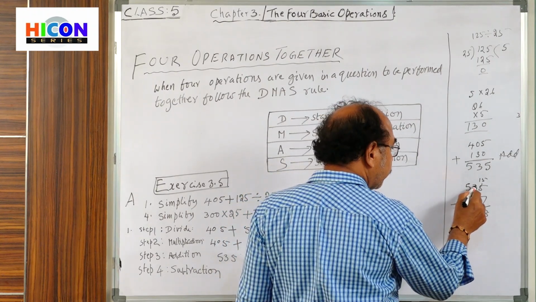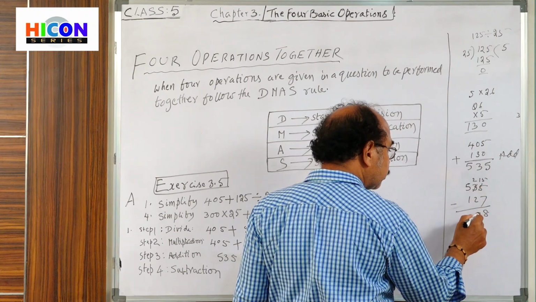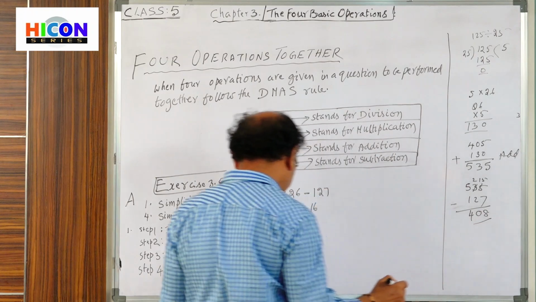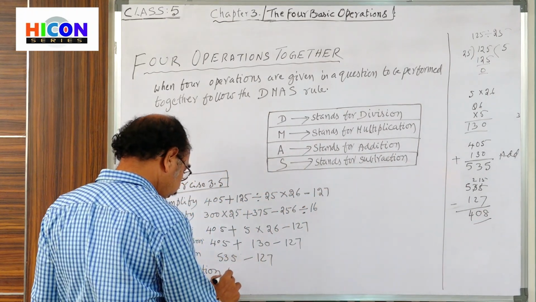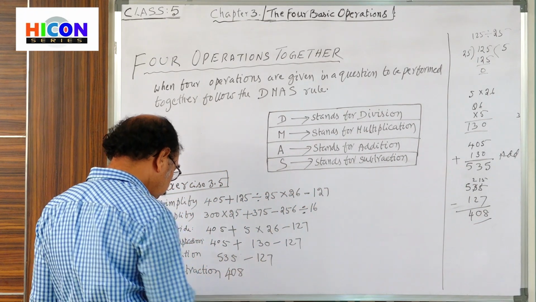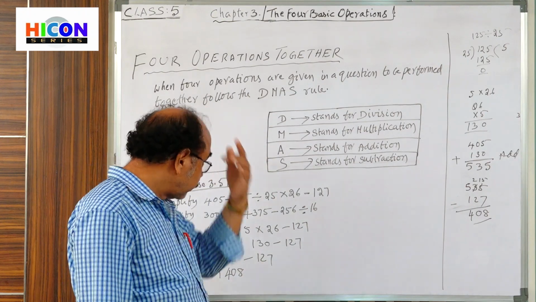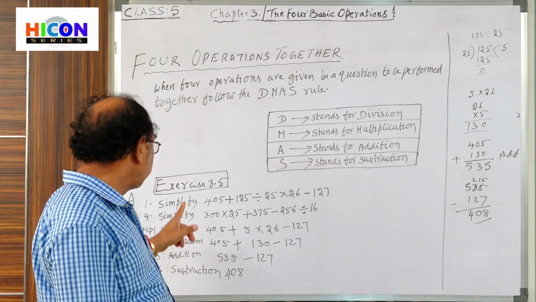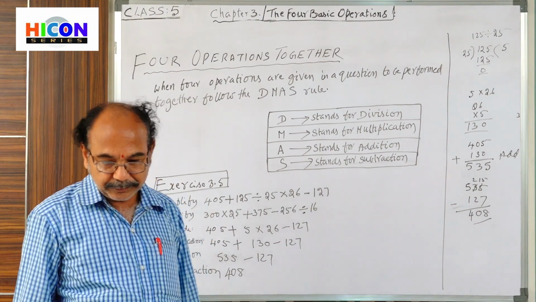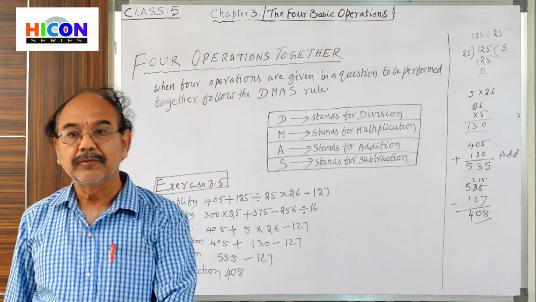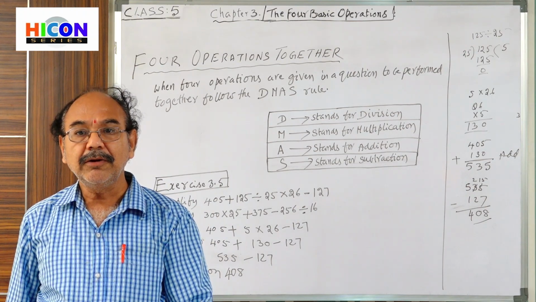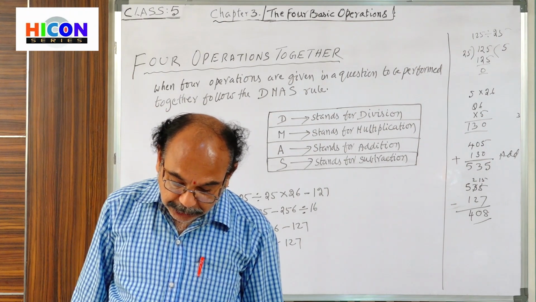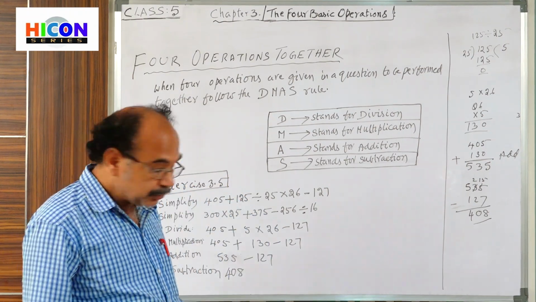Now, here 3 gave borrow, that's why here 2 minus 2, 0. 5 minus 1, 4. 408. That is the answer to the first question. Okay, children, I think you all followed that.